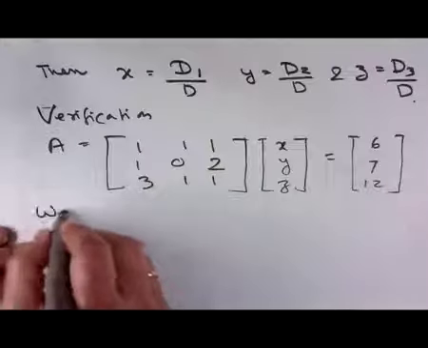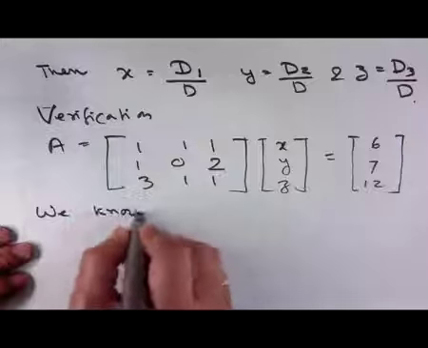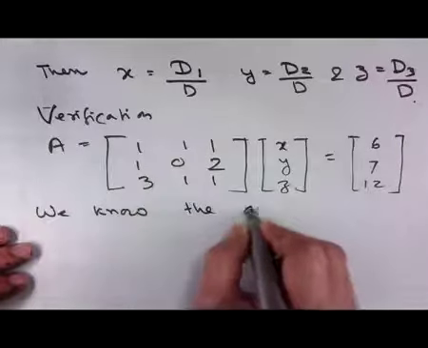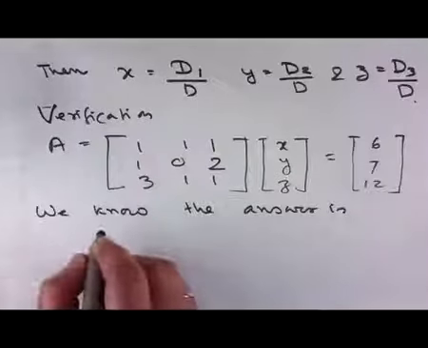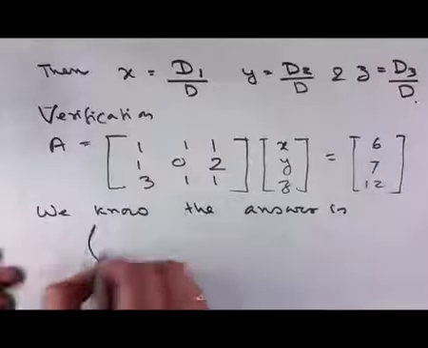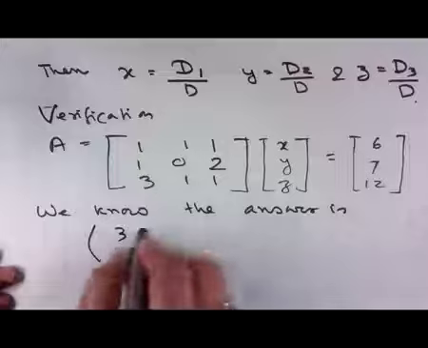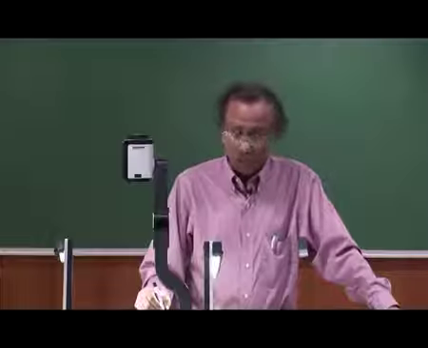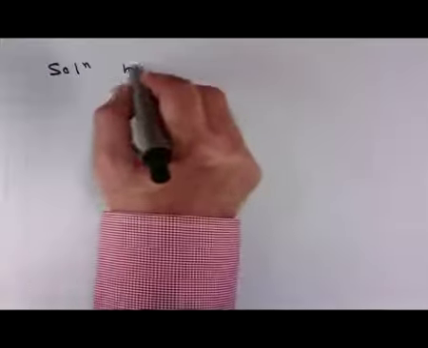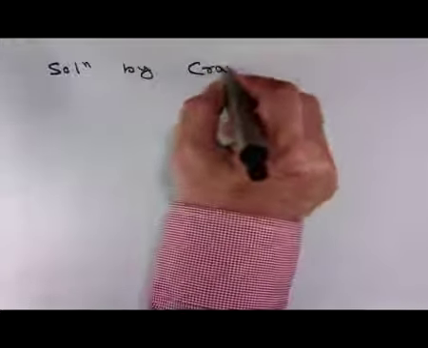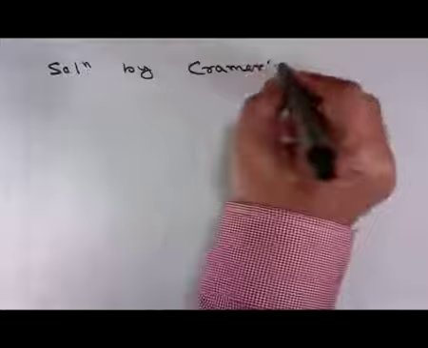We knew the answer is 3 1 2. So, we solve it using Cramer's rule.